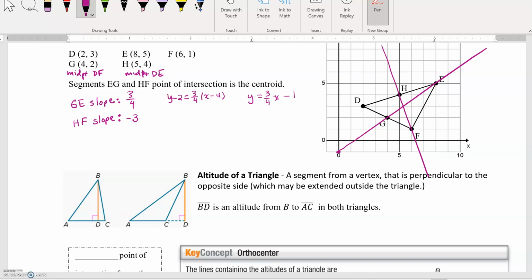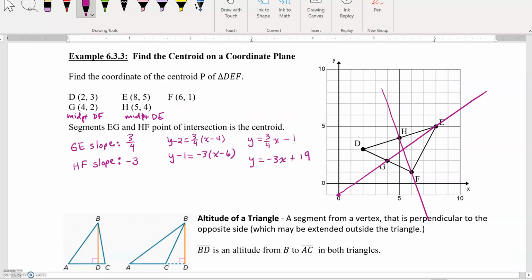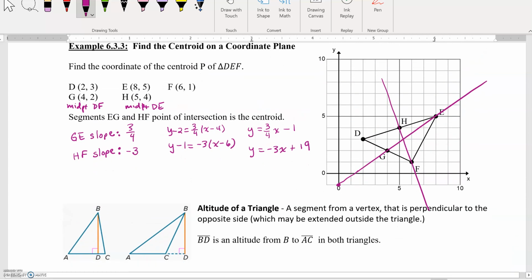And then HF, F looks good. y minus 1 equals -3 times (x minus 6), which gives me y equals -3x plus 18, and then plus 1 would give me plus 19, which if we look at the graph, it's definitely going up off the graph.